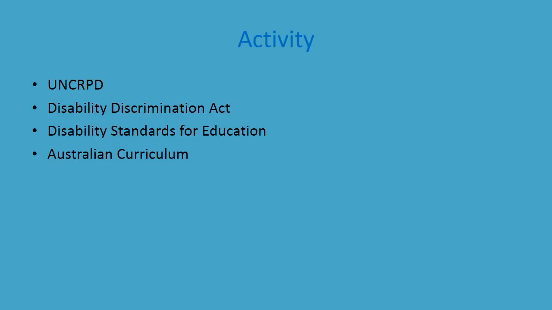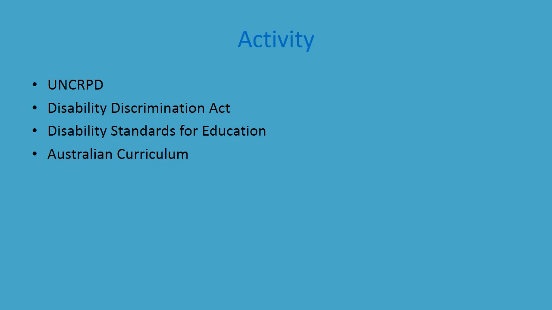What I'd like you to do now is to stop and have a look at some of these documents. Have a look at the United Nations Convention on the Rights of Persons with Disabilities, particularly the section relating to education. Then have a look at the Disability Discrimination Act if you want to. It's pretty dense legislation, but I think focus more on the Disability Standards for Education. That's subordinate legislation that is of great relevance, and it's much more accessible in my view.